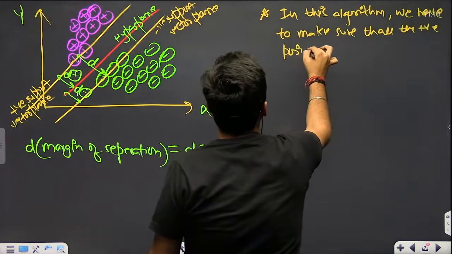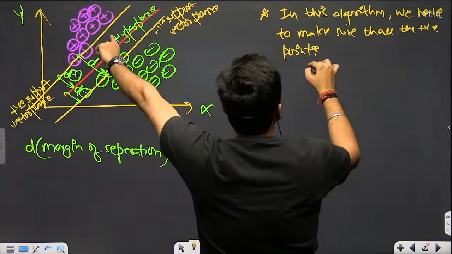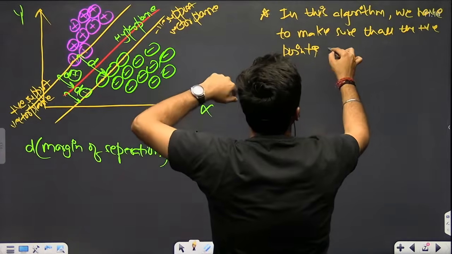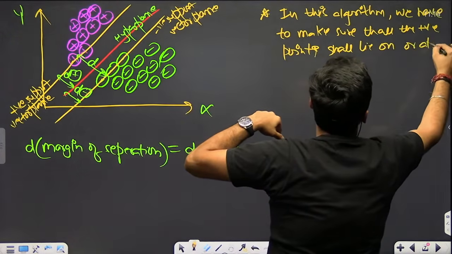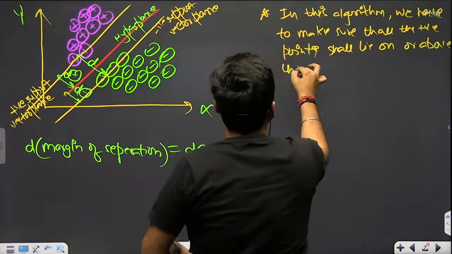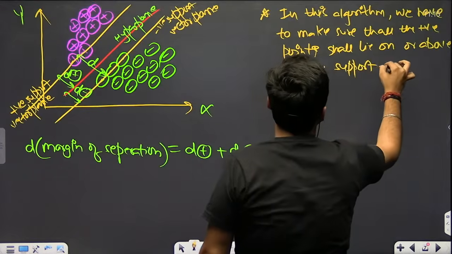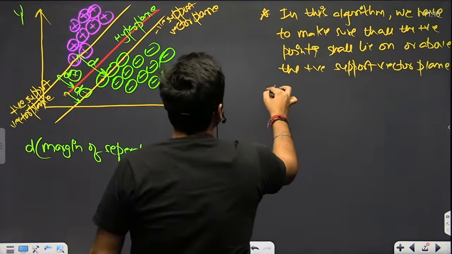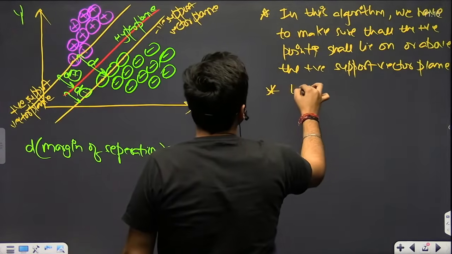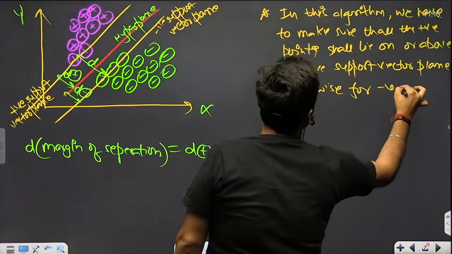We have to make sure that all the positive points shall lie on or above the positive support vector plane, and likewise for the negative points.